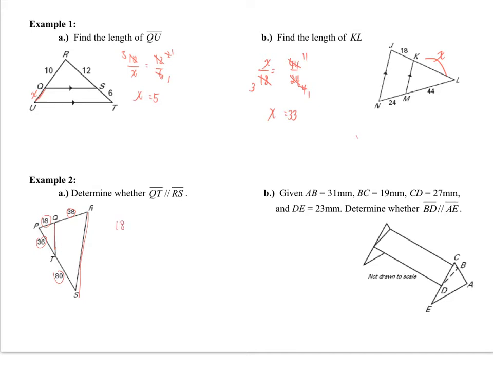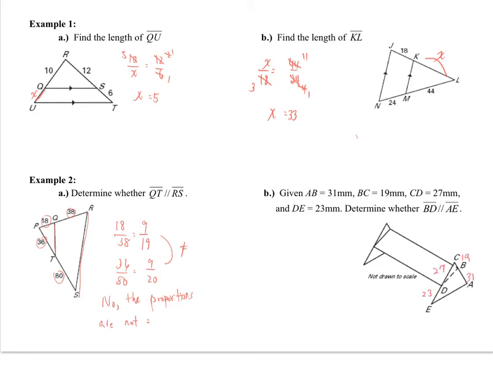So 18 to 38 simplifies to 9 to 19, and then 36 to 80 simplifies to 9 to 20, but these two are not equal to each other, so we can write no. The proportions are not equal.